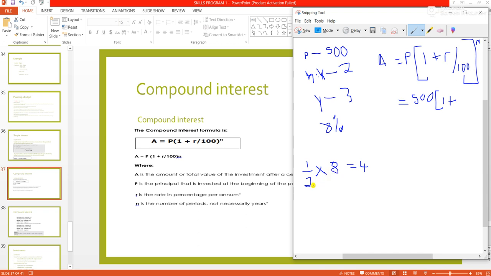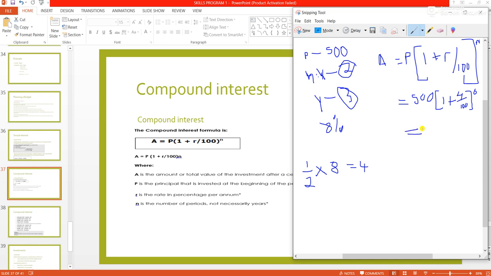So we'll include 4 at the top, divided by 100, and because it's half yearly, we have to times 2 by 3. It will give us 6.